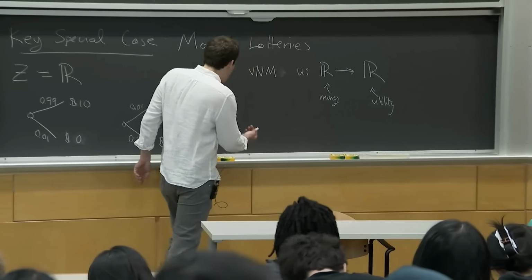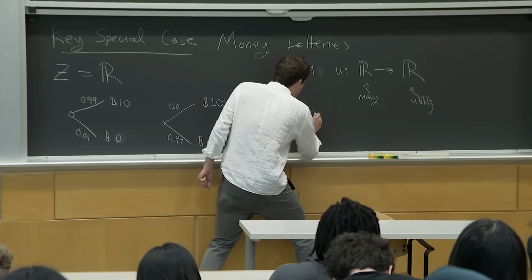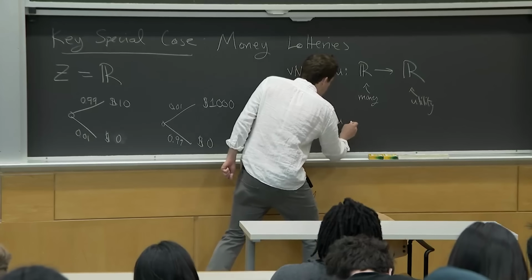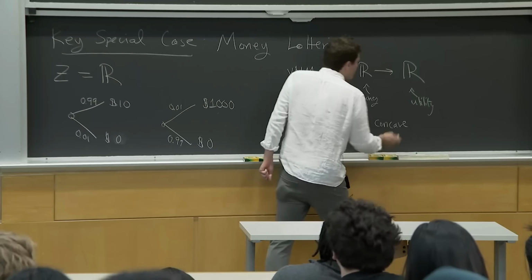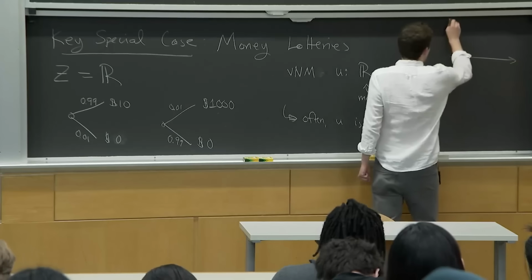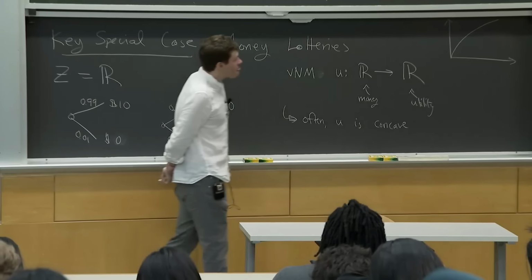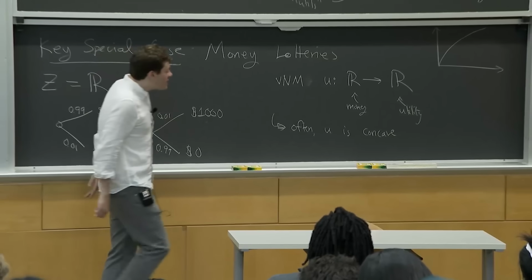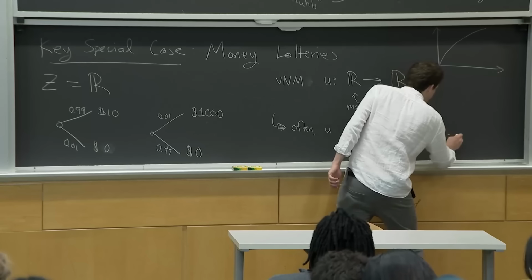And what you're describing is what a lot of people feature in this context. Often, u is a concave function. So if I were to draw u, for a lot of people, their u is something like this. And when u is concave, it means people are what we call risk averse.